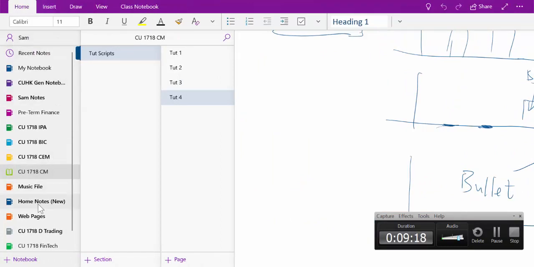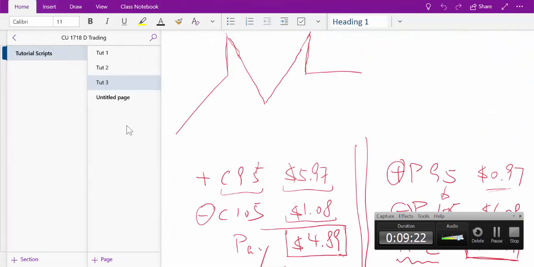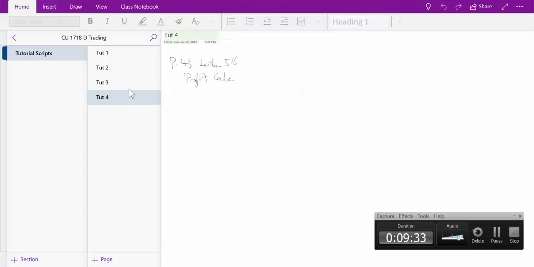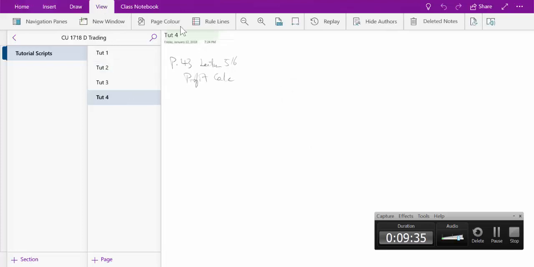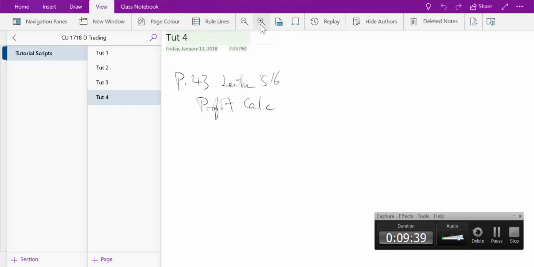Where's my notebook? You guys are still sharing this, I think. Why is it so small? I sent an invitation email to all of you, individual invitations via email.